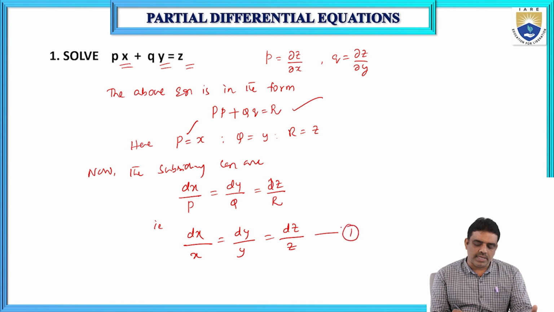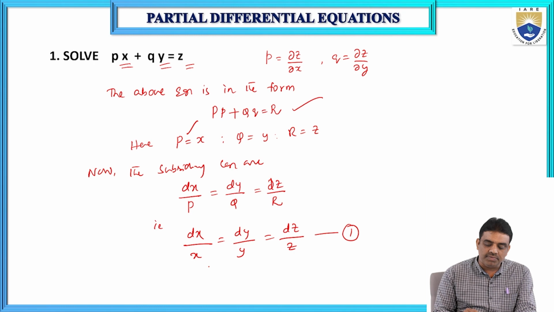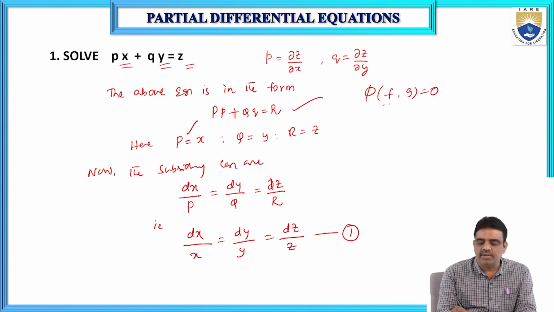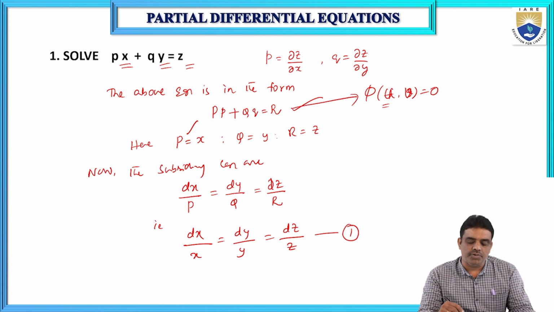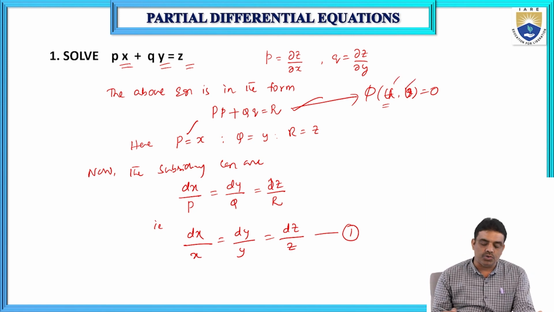This equation is known as the subsidiary equation. We know that the general solution of this equation is in the form φ(u, v) = 0, where u and v are the solutions of this subsidiary equation.